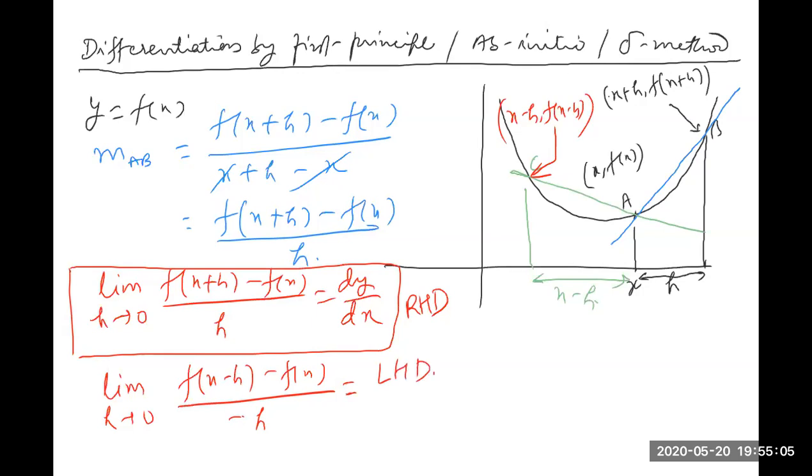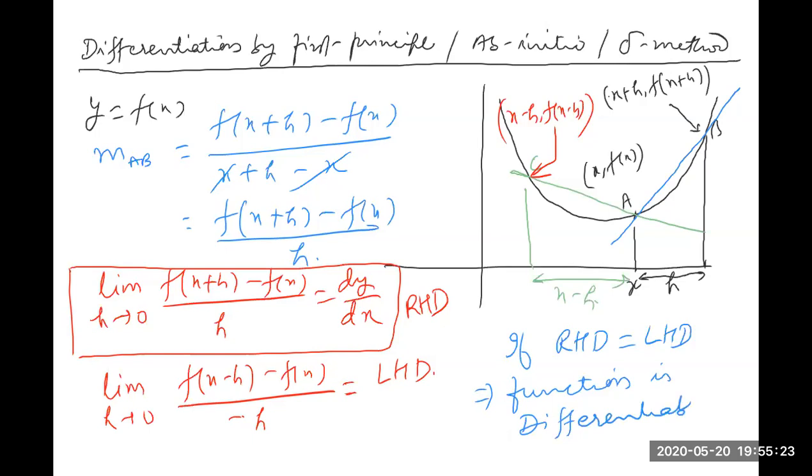Basically, two derivatives will be there. And if the right hand derivative is equal to the left hand derivative, then this implies that the function is differentiable. Although this last part is a separate chapter, we will study it there.